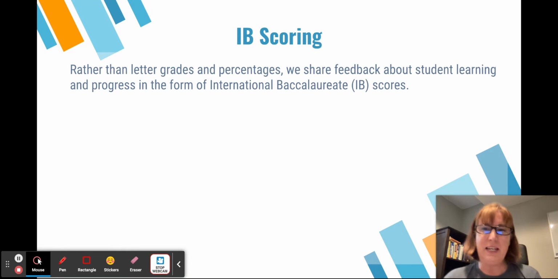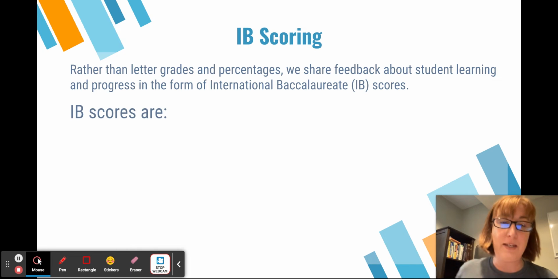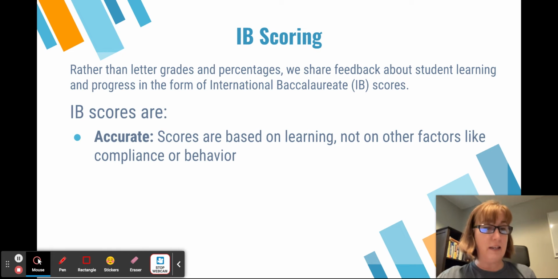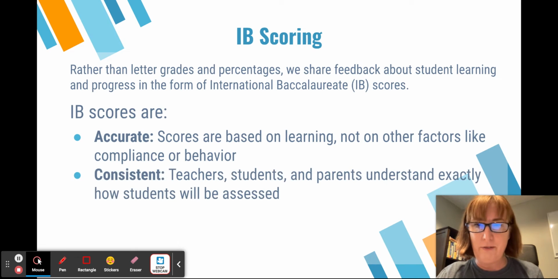So IB scoring is, rather than using letter grades and percentages, we're going to share feedback about student learning and progress in the form of standard IB, International Baccalaureate, scores. These scores are seen by colleges and by educators as being more accurate. The scores are based on learning, not on other factors like compliance or behavior.